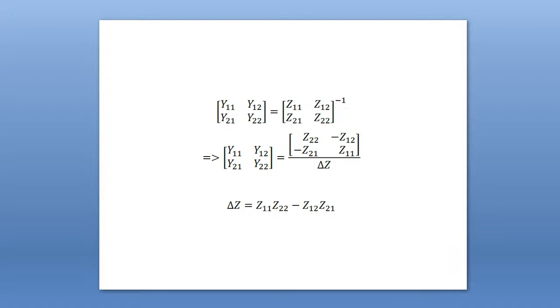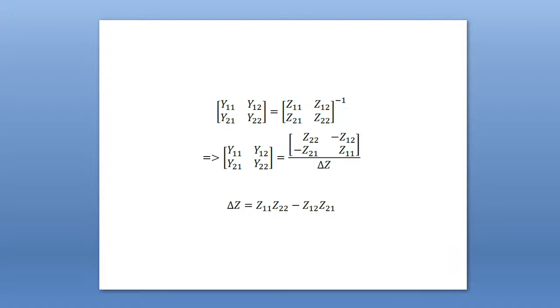Everyone complete this experiment and verify the theoretical result and practical result for y parameters. In your lab record, you must mention the theoretical values and practical values for y parameters.